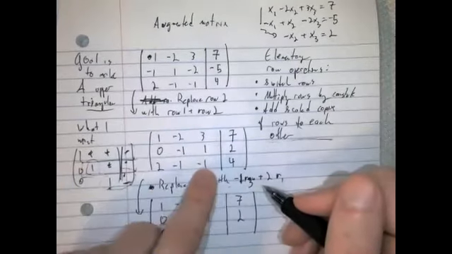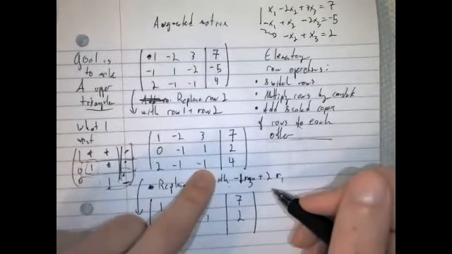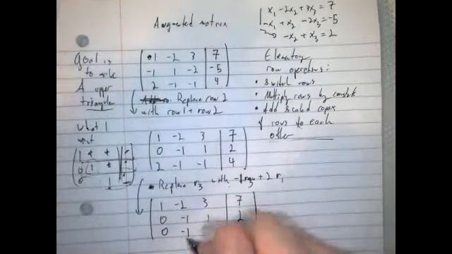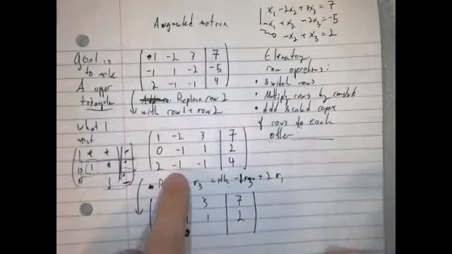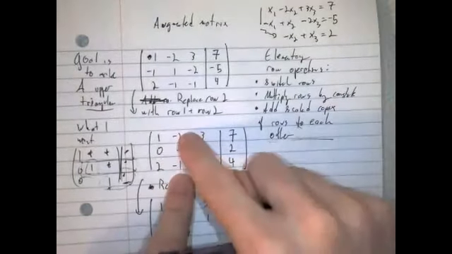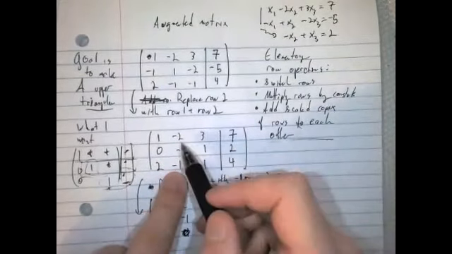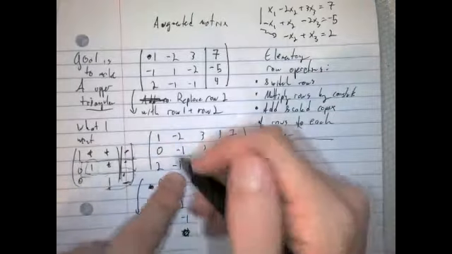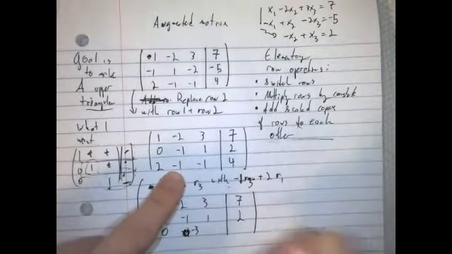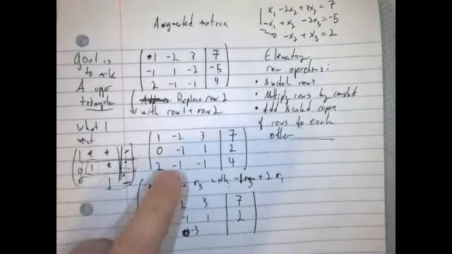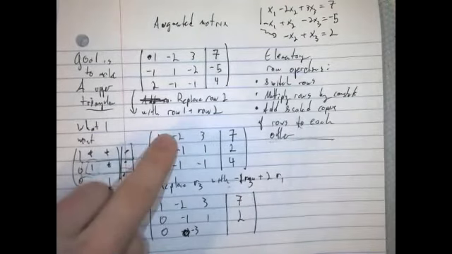Then I do a -1 times this, which is 1. Wait, sorry, this is a lie. I need to do a -1 times this plus 2 times this. In other words, in this coordinate, I get a 1 plus -4. So I should get a -3 here. Do we agree? Negative times this plus 2 times this.